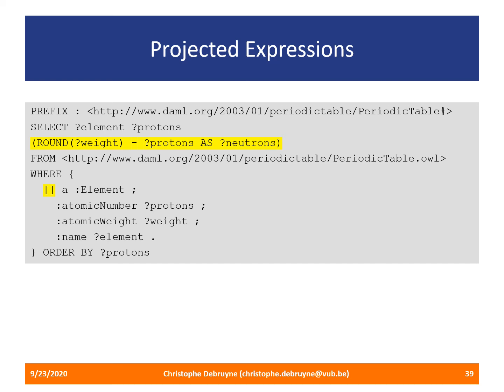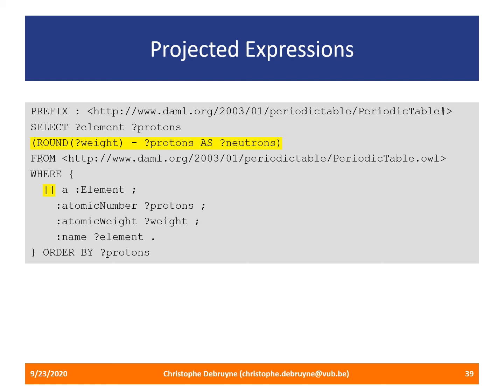Finally, a couple of nifty features of SPARQL. Projected expressions. Sometimes we need to compute new values based on our solution and bind them to a variable. And there are two ways of going about it.